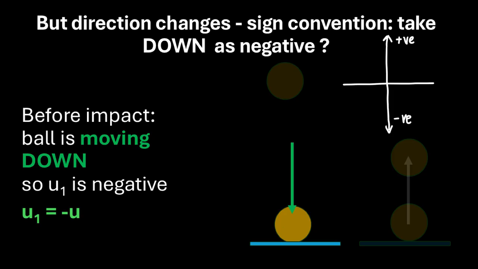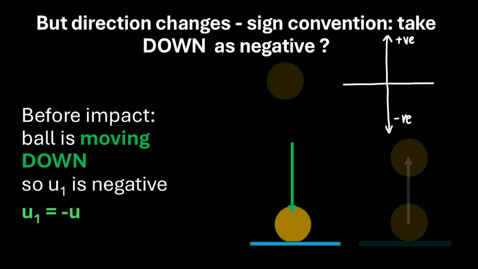Therefore, we take U1 as negative, which means U1 will be negative U. So the ball is coming down, it hits the floor, then it goes up. While it is coming down, U1 is negative, because we consider moving downwards as negative and moving upwards as positive.